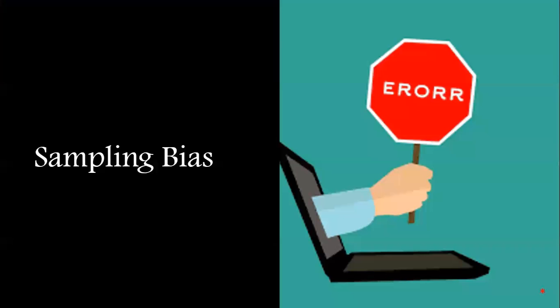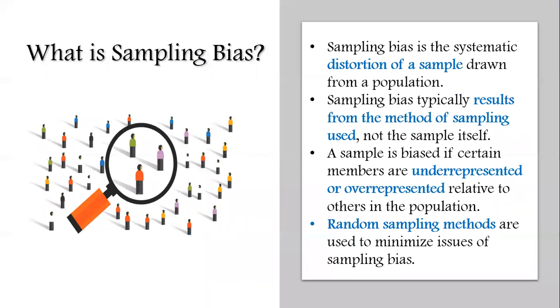Now let's discuss sampling bias. Sampling bias is the systematic distortion of a sample drawn from a population.